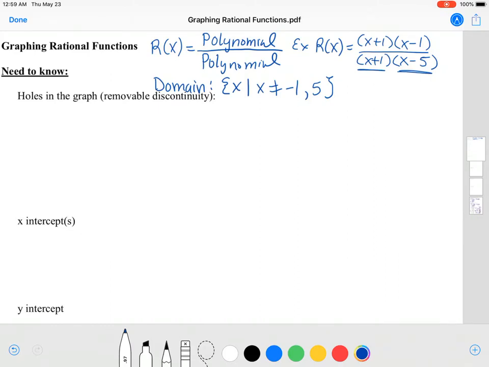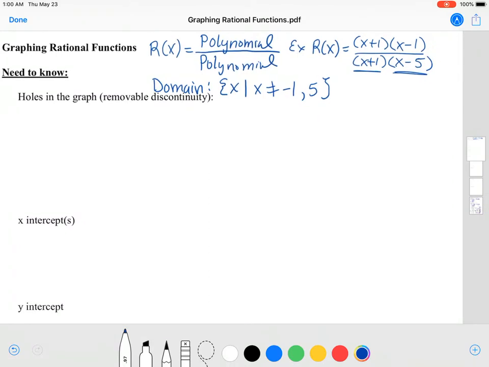So now let's go on to holes in the graph. This is one of the major features of a rational function, but this doesn't happen for all rational functions. This only happens sometimes. And you might hear it called a removable discontinuity as well, which is why I added that into the notes in parentheses.